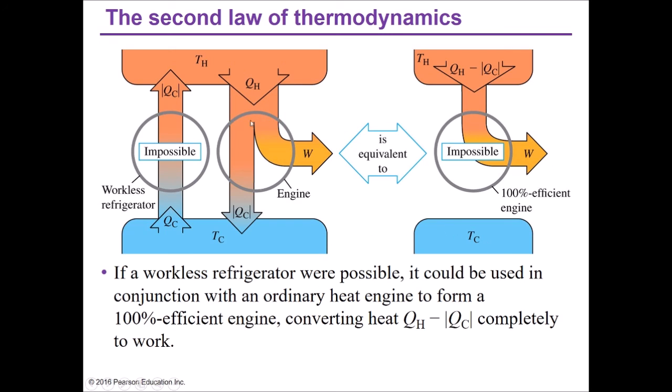In fact, the thing on the right shows by contradiction why this doesn't make any sense. Because if you had a refrigerator that didn't do work, where you could just naturally have things flow to a hot reservoir, then you could use it with a heat engine to create 100% efficient energy.